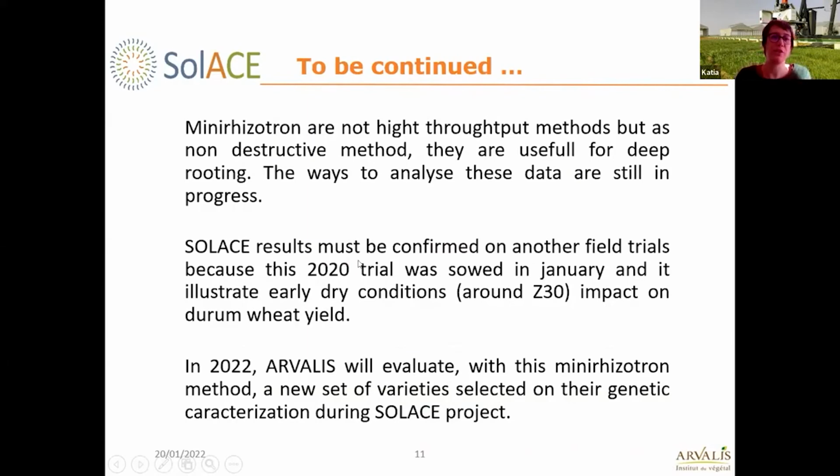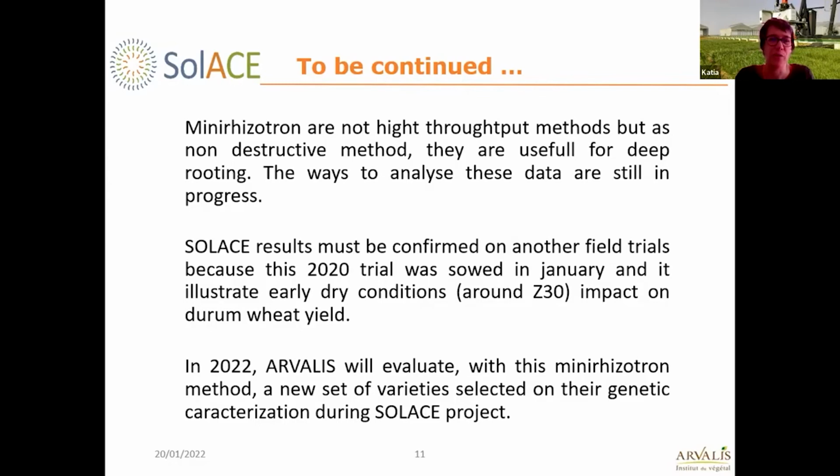And to be continued: this method is very interesting for us, because it is non-destructive and useful for deep roots, but not so high throughput. And we have a lot of ways to analyze this data. We are still in progress.